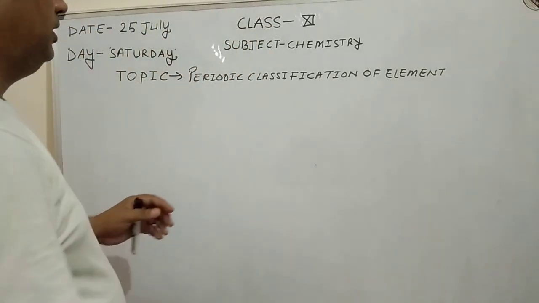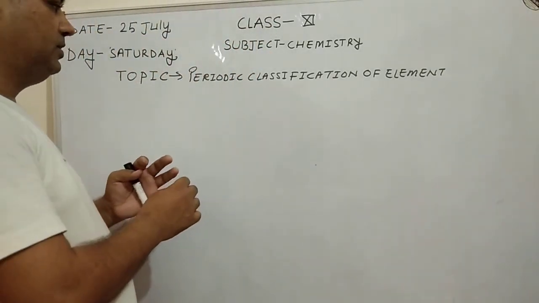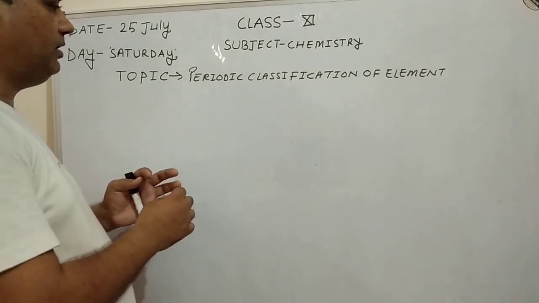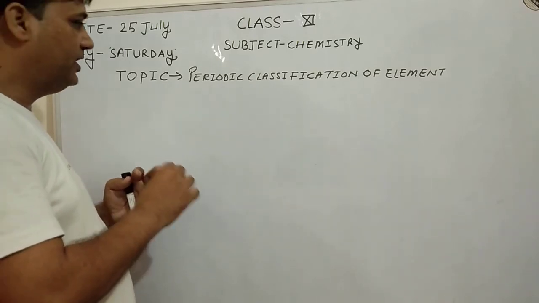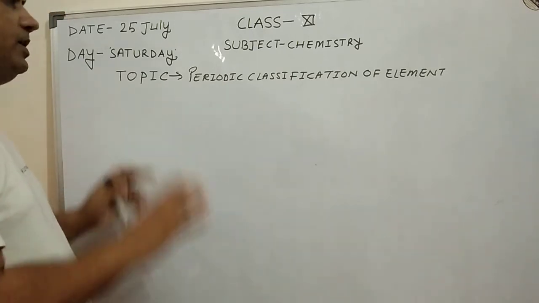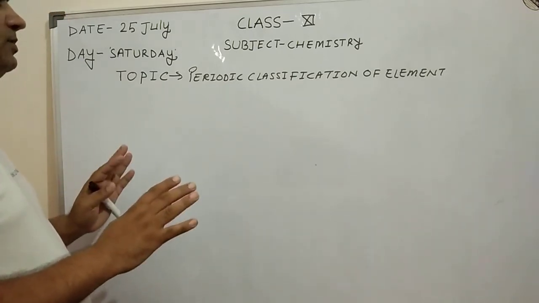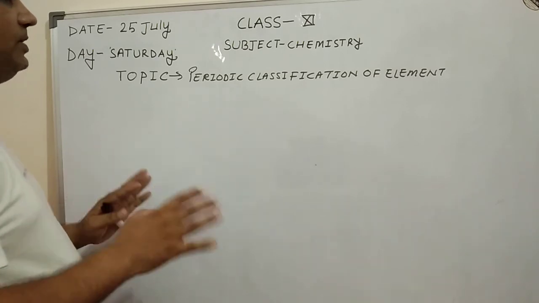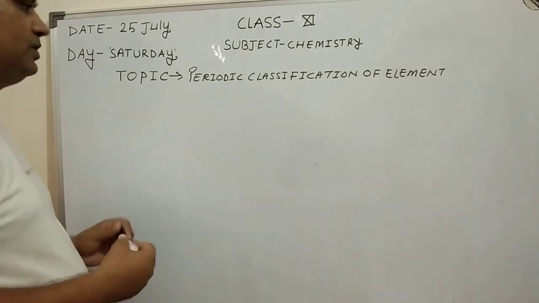So in your syllabus there is no Newlands' law of octaves, Dobereiner's triads or Mendeleev's periodic table, but the modern periodic table is present in your syllabus according to the revised CBSE syllabus.